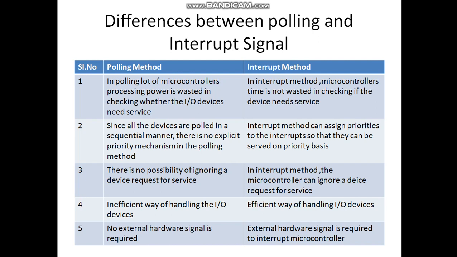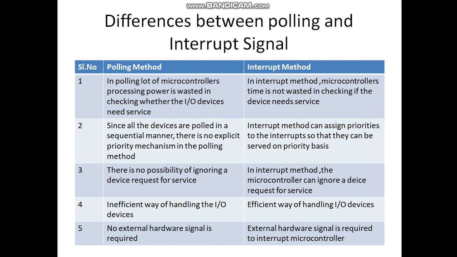Each and every device will be provided with service. Whereas in the case of an interrupt, we can ignore a device request. We can mask the request, whereas that is not possible in the case of polling.